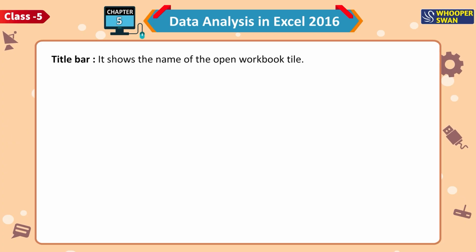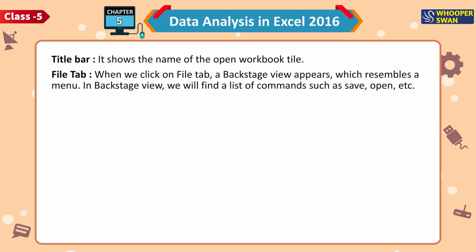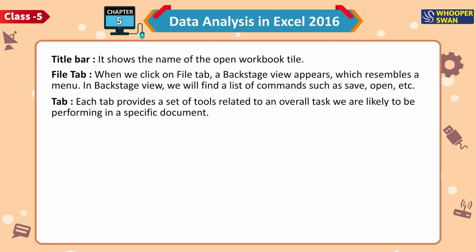Title bar. It shows the name of the open workbook title. File tab. When we click on File tab, a backstage view appears, which resembles a menu. In Backstage view, we will find a list of commands such as save, open, etc. Tab. Each tab provides a set of tools related to an overall task we are likely to be performing in a specific document.